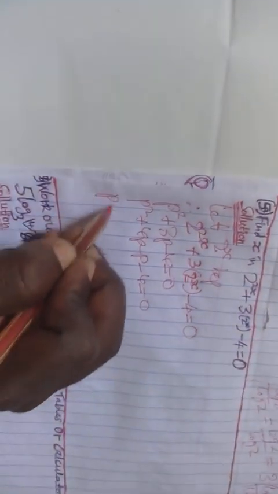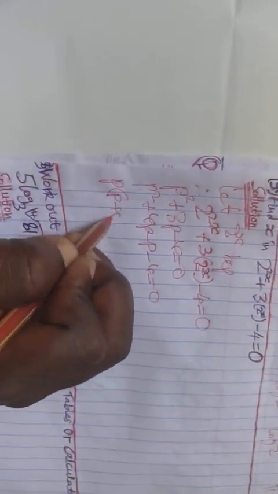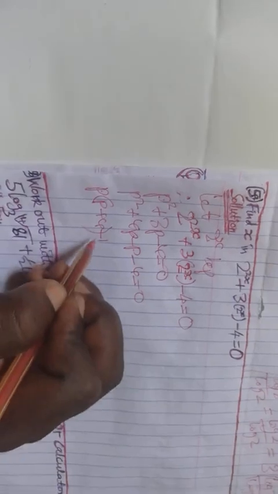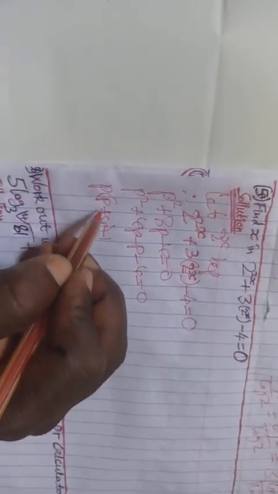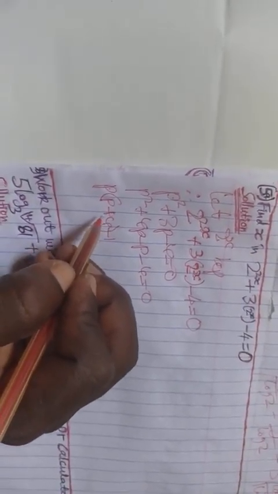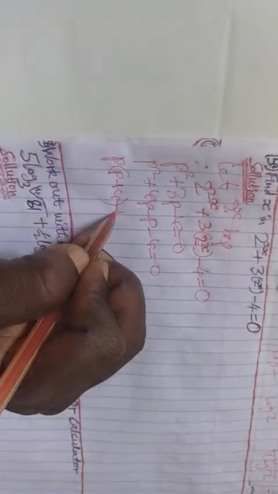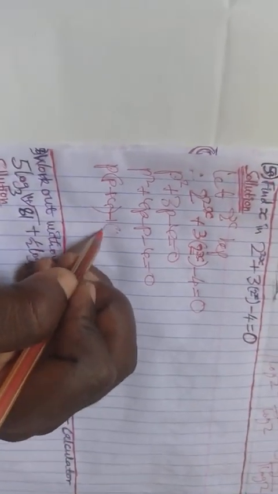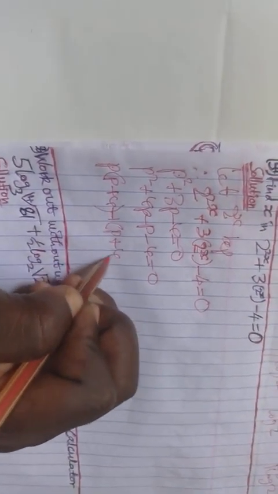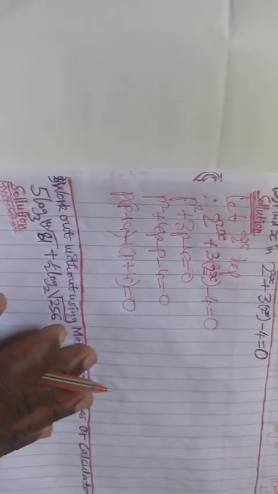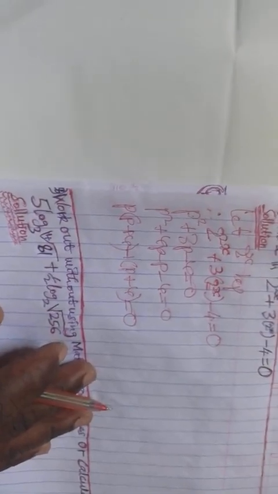Therefore, p into brackets p plus 4, minus 1 into brackets p plus 4 is equal to 0. We choose one bracket of p plus 4.